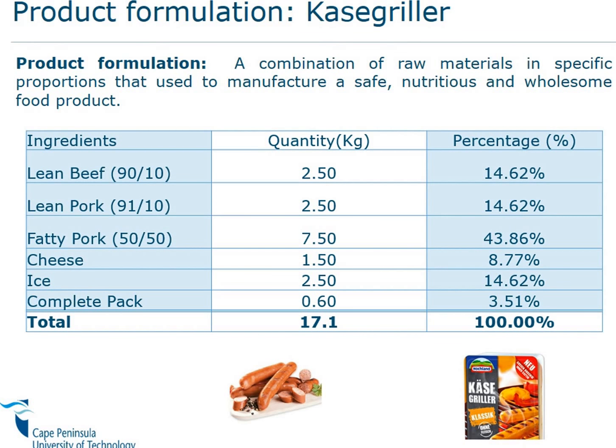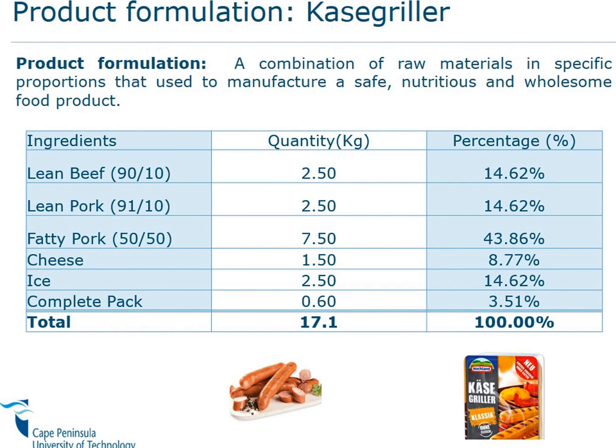And then there is ice, and the spice pack is 0.6. If you sum up all these quantities, you end up at 17.1 kilograms. So the 17.1 kilograms we therefore call the batch size. This is the total batch that you have.